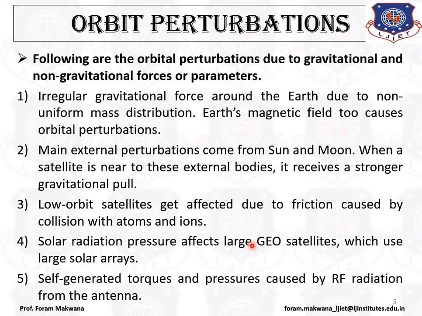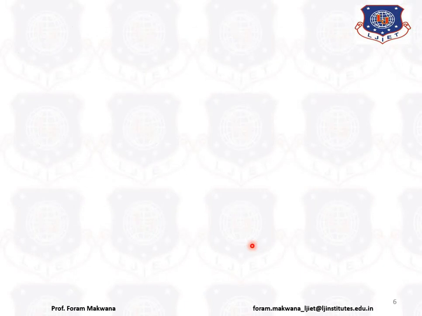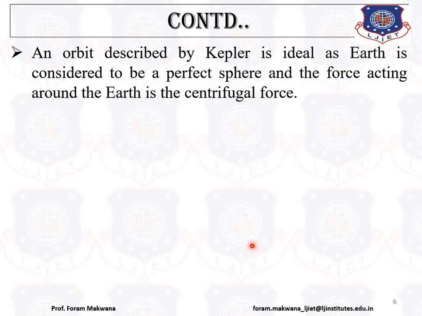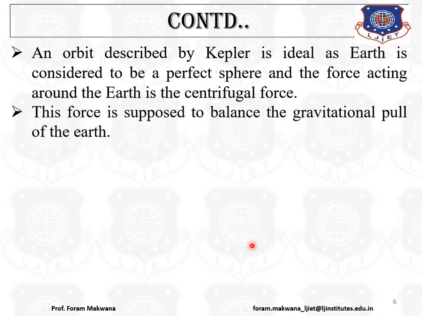The fifth one, the self-generated torques and the pressures caused by RF radiation from the antenna. It also impacts on the orbit. Apart from this parameter, an orbit described by Kepler is ideal as the Earth is considered to be a perfect sphere, but the actual shape of the orbit is non-spherical.